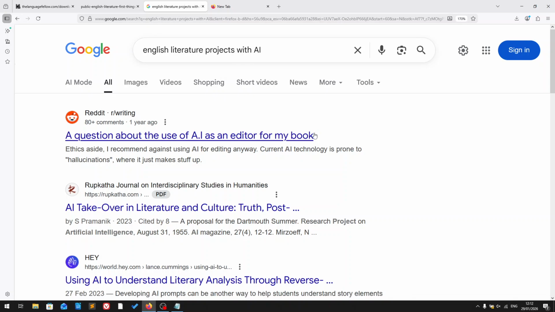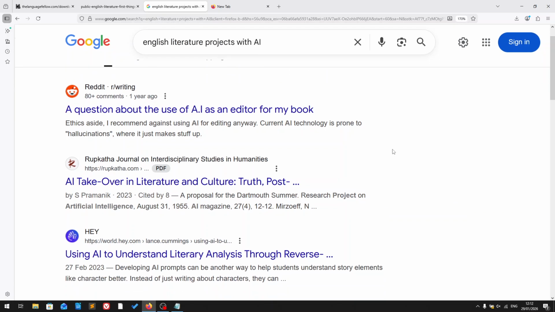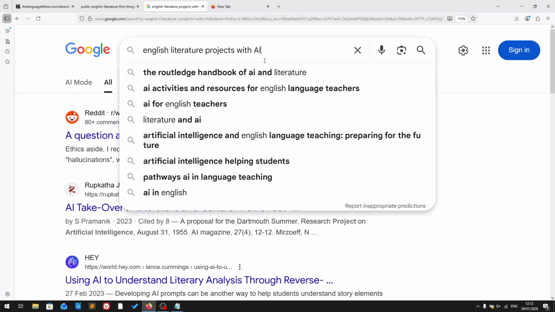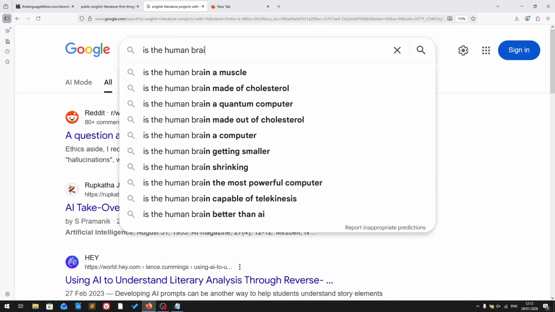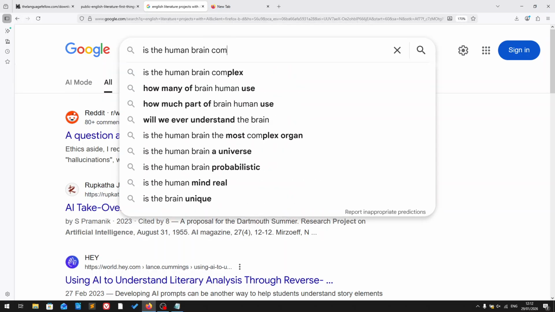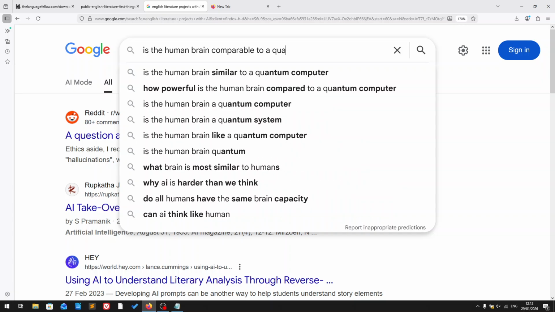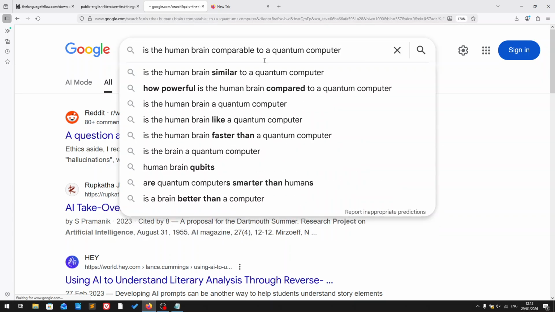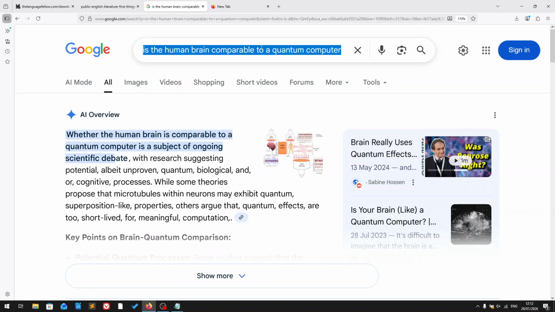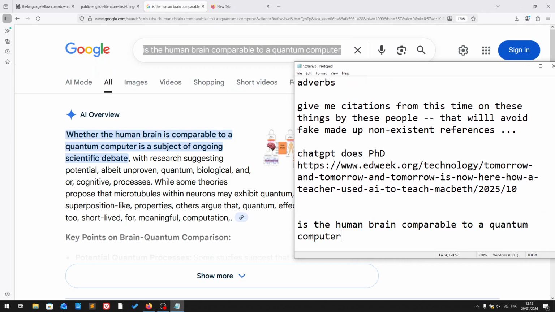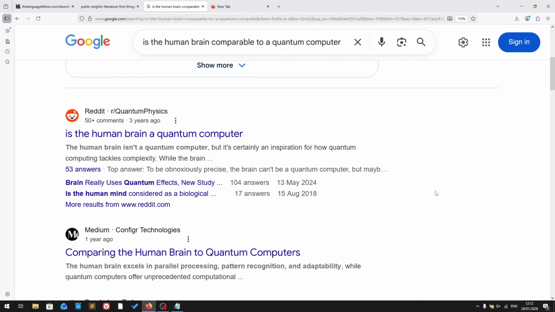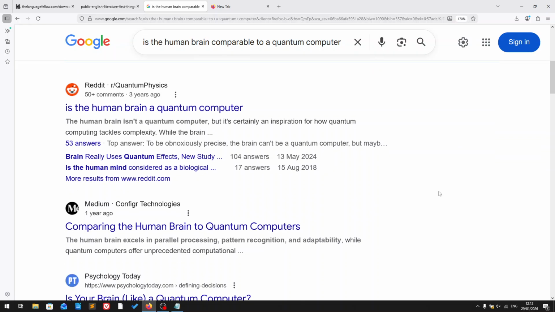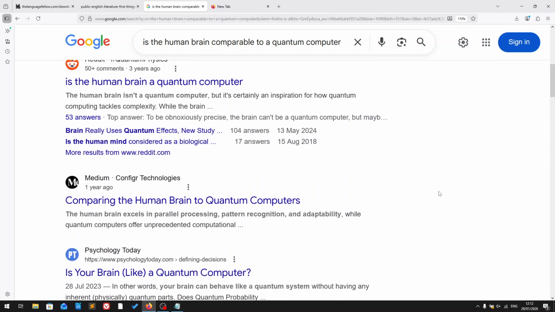So for example, is the human brain comparable to a quantum computer? I don't know. It is an inspiration for how quantum computing tackles complexity.